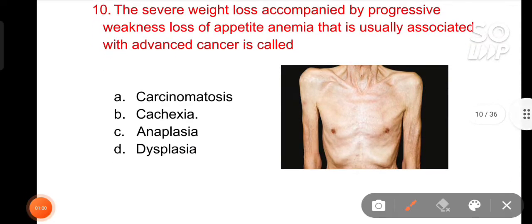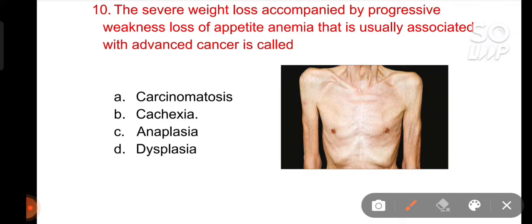The next question is, the severe weight loss accompanied by progressive weakness, loss of appetite, anemia, that is usually associated with advanced cancer is called. Here in this picture, the patient became very thin and severely anemic. In this stage of a cancer patient, what do we call it?